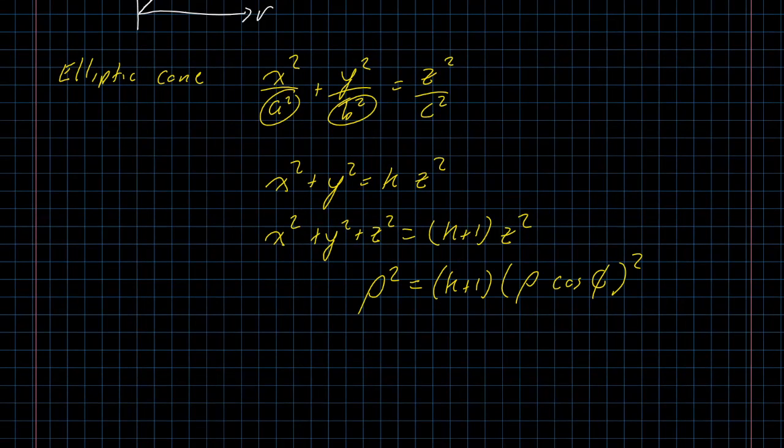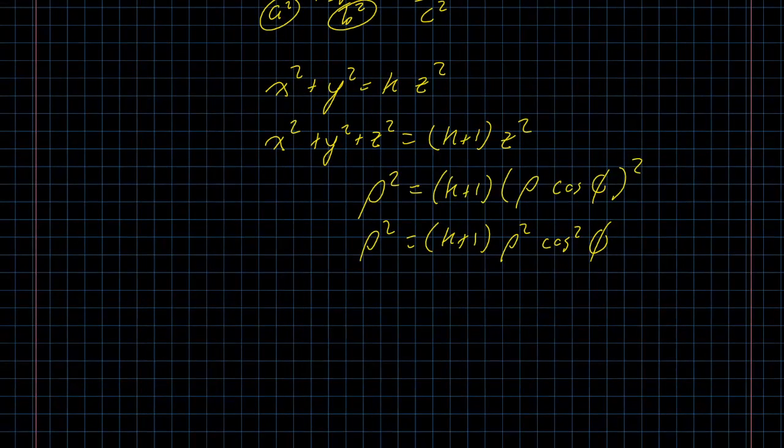That whole thing is squared. And hey, there we go. It's starting to look like something. Those rho squareds cancel each other out. The square root of 1 over k plus 1 is the cosine of phi.